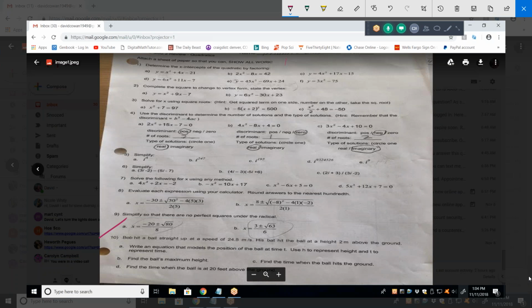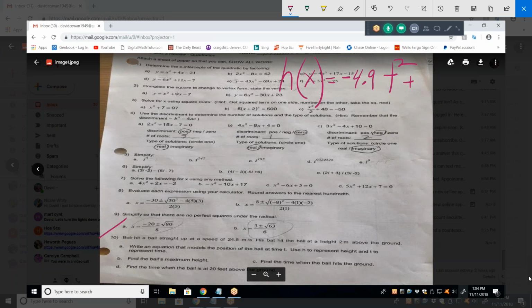The function for projectile motion is the height is equal to, this is meters per second, so it's minus 9.8 t squared. If it were feet per second, that would be minus 16. Excuse me, it's minus 4.9. Plus the initial velocity times t.